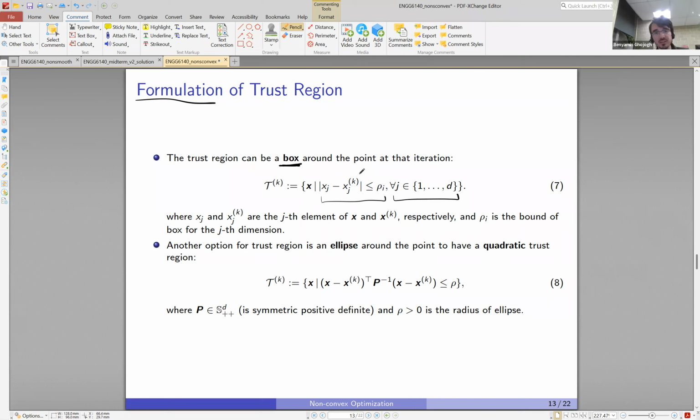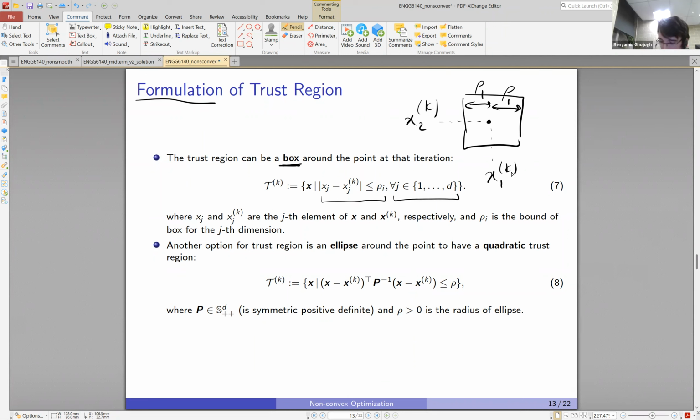Okay, so xk is known, but now we can find the points which are close to it by having a box around it. So assume that, for example, in 2D, this is rho 1, rho 1. So this is x1k. This is x2k.